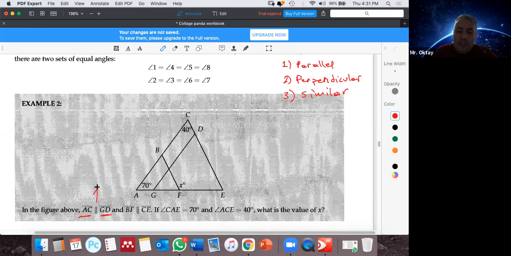This notation, be familiar, means parallel. So line AC, where is AC? I am looking for AC, yeah, here. Even in SAT, use your pencil and draw like that, it is better. And GD, it's here, okay? And they are parallel. Not to forget this, I am putting this symbol. It means that they are parallel.